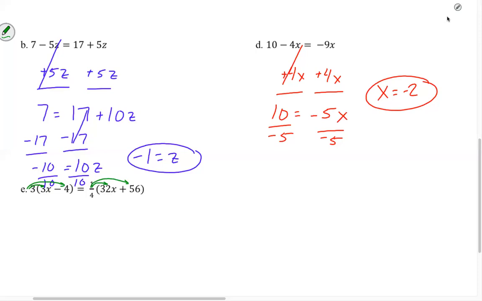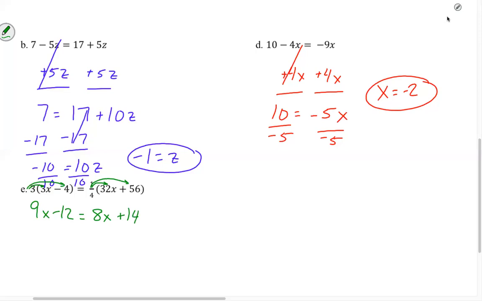So Neve said distribute that 3 on the left, so I get 9x minus 12. And on the right, I'm going to do 1/4 times 32 and 56. Well, I'm not a big calculator guy, so this is how I do distributing fractions. I do 1 times 32, that's 32, divided by 4 is 8. 1 times 56 is 56, divided by 4 is 14.